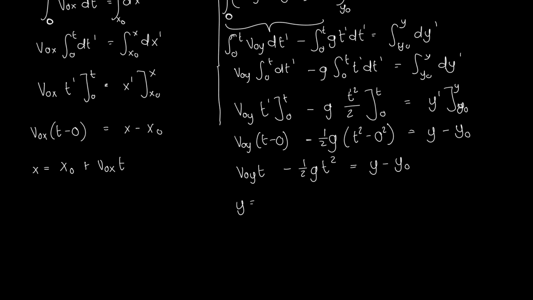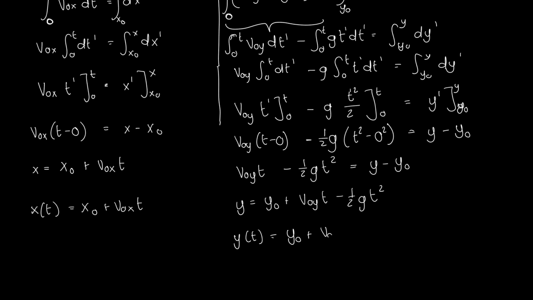We have y is equal to y0 plus v0y t minus a half g t squared. So what this is actually saying, x is a function of t, where we have x0 plus v0x t. And y is a function of t, where we have y0 plus v0y t minus a half g t squared, which means our position vector is a combination of both of them.